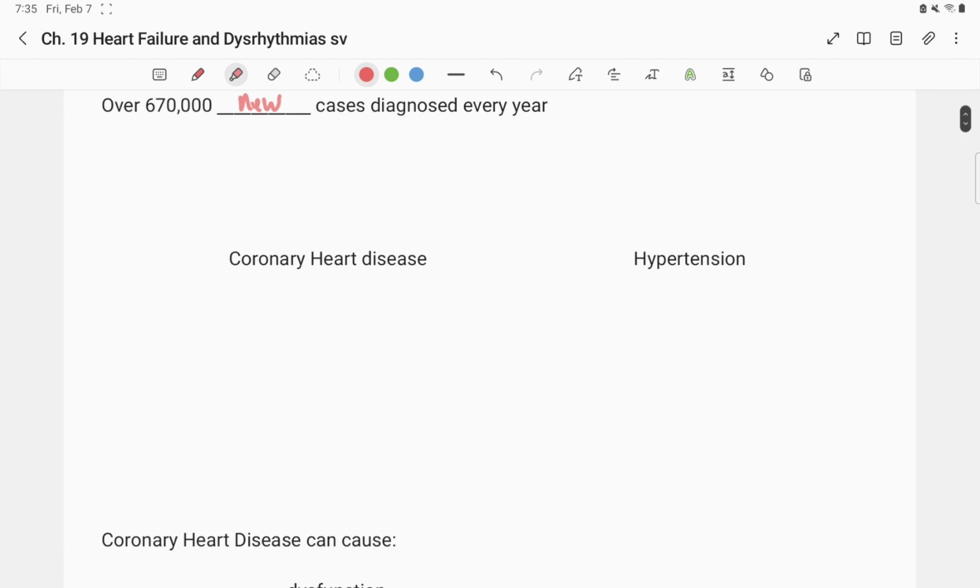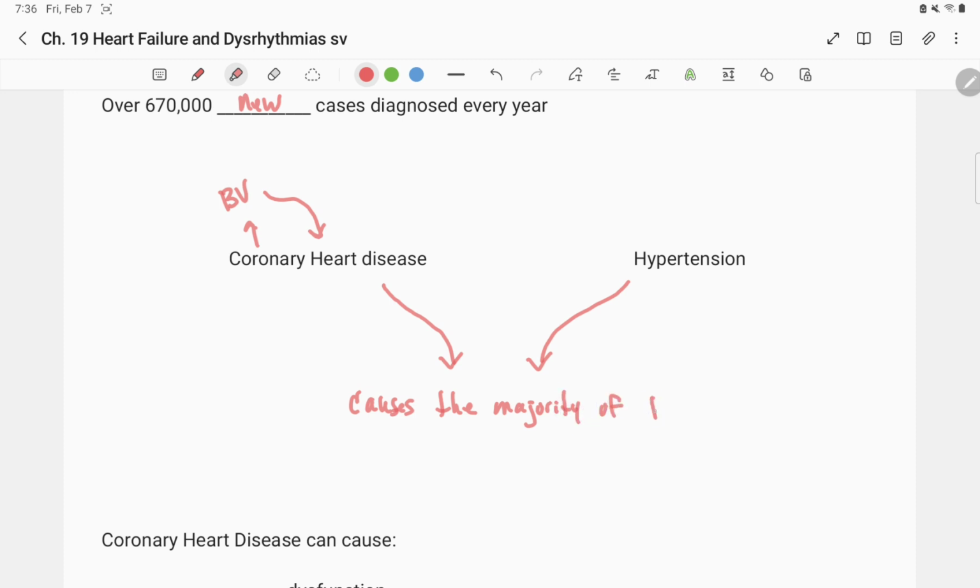Coronary heart disease, so these are the blood vessels that actually supply the heart. So coronary heart disease and hypertension causes the majority of heart failure cases.